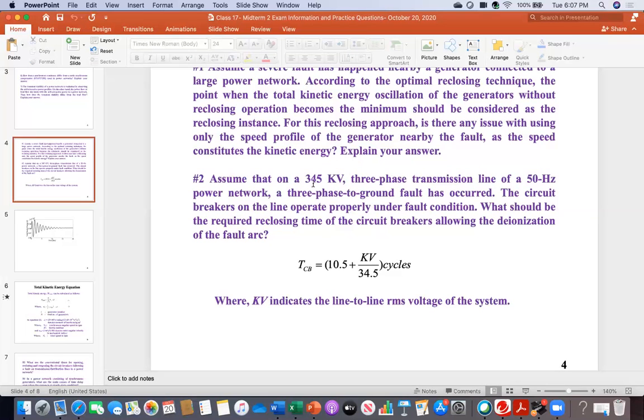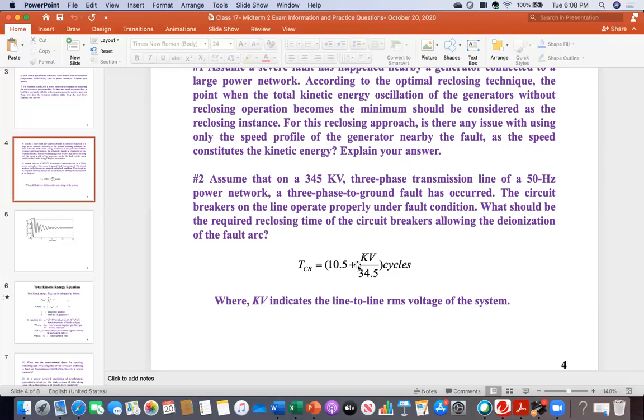Please plug in 345. Just that number. Don't convert into volt here, then you will be getting a wrong result. That's why it is written kV in that way. So 345 divided by 34.5 gives you 10. So therefore 10 plus 10.5, 20.5.